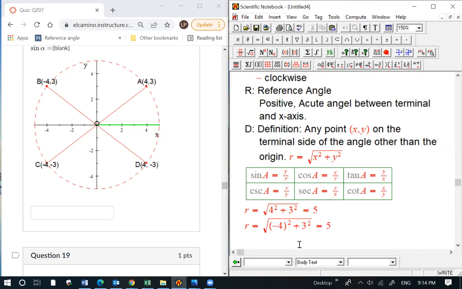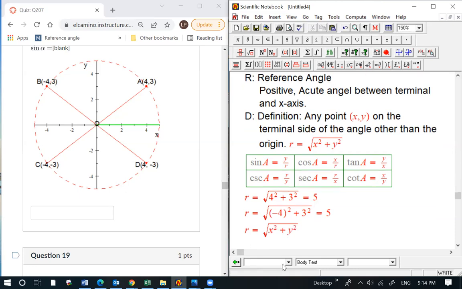For point C, R is going to be still the same thing. Negative 4 and negative 3. It's still going to be 5, because negative 4 squared is 16, and negative 3 squared is 9.